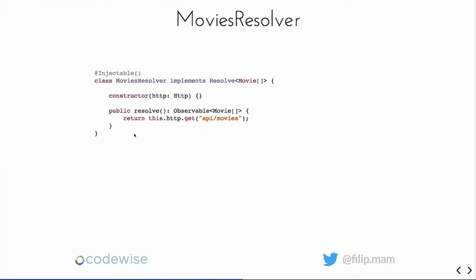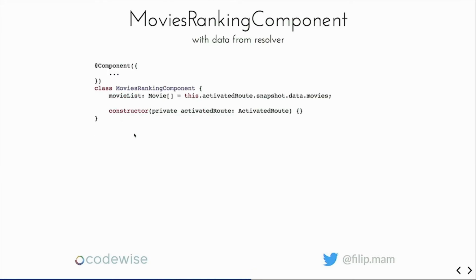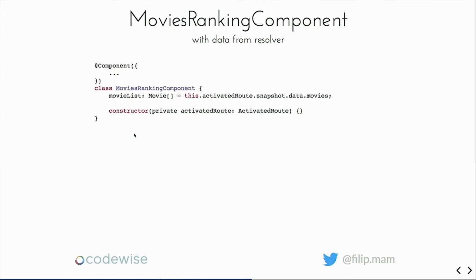It will wait until the request ends, and then it will pass the data into the component and let you instantiate it. So when we are in the component, we already got rid of that request, and instead, we can use the activated route service. It's a service that has all the data about the activated route, including the things that we declared here, that movies property.